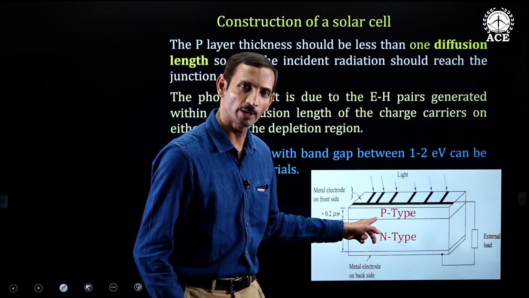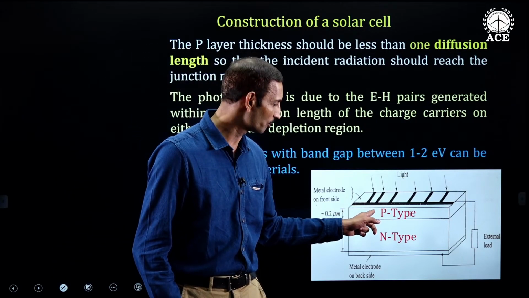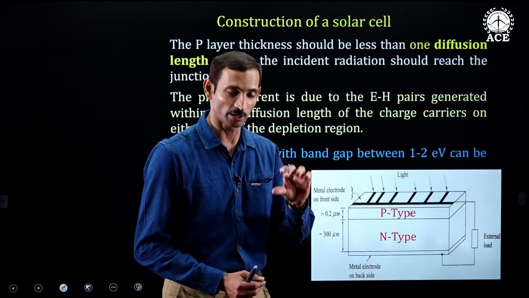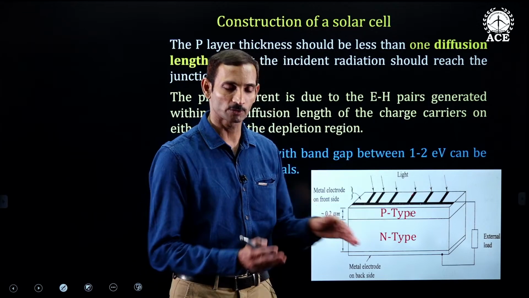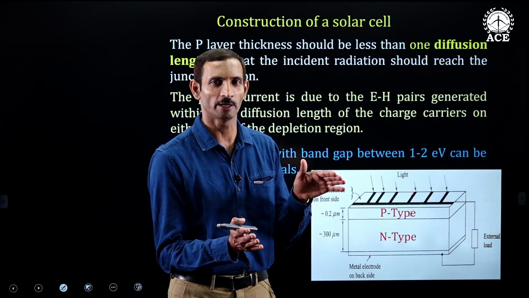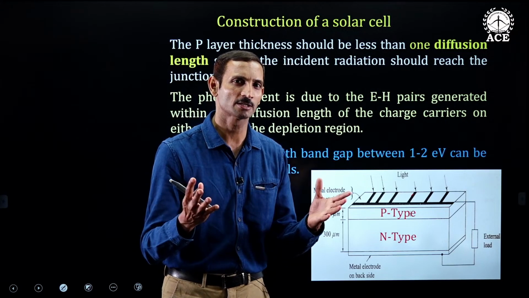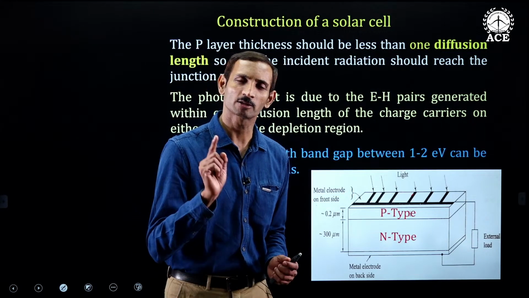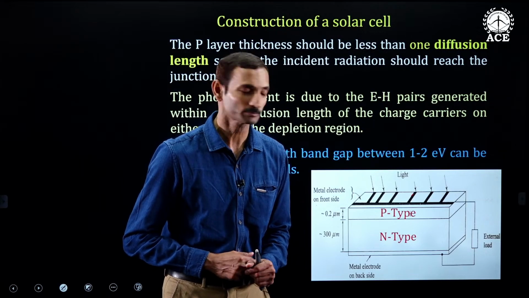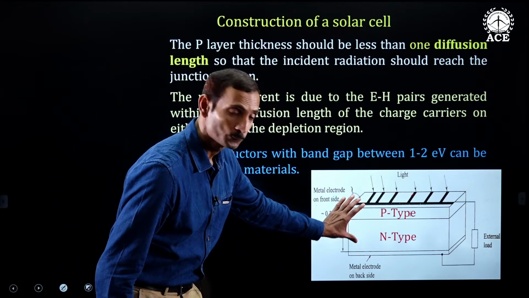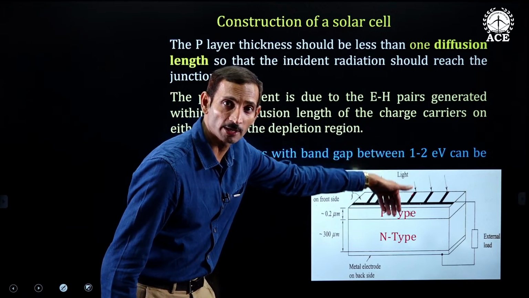so that electrons are created because of the breaking of the covalent bonds. Here also there will be covalent bonds broken on the p side, the n side, and the junction region, which during reverse bias would be very much thicker in nature. When light falls, the photons fall at the junction, so there will be release of charge carriers because of the breaking of the covalent bonds. Now, if this is thicker, then the photons cannot penetrate.